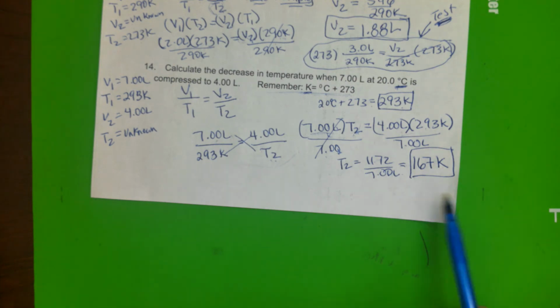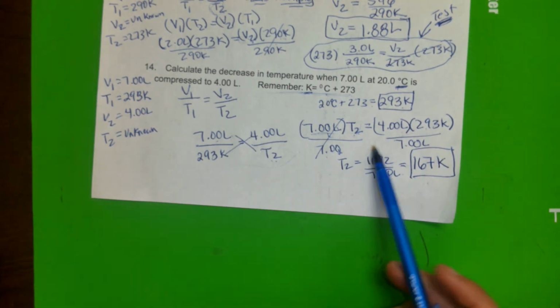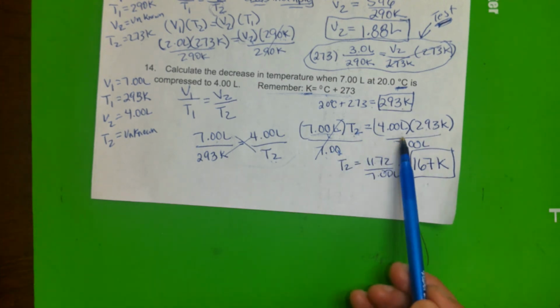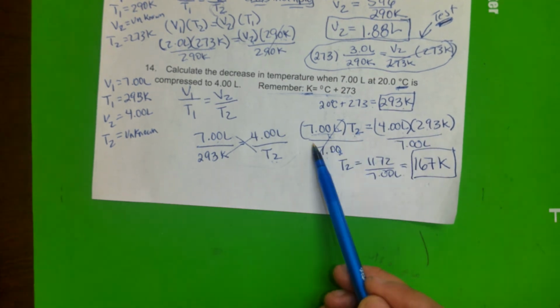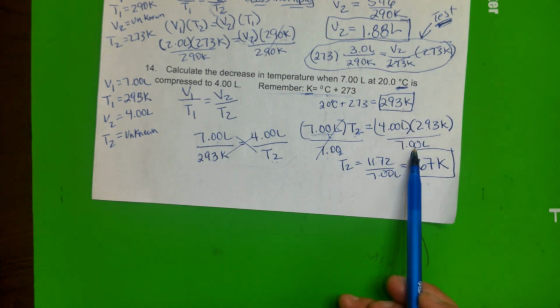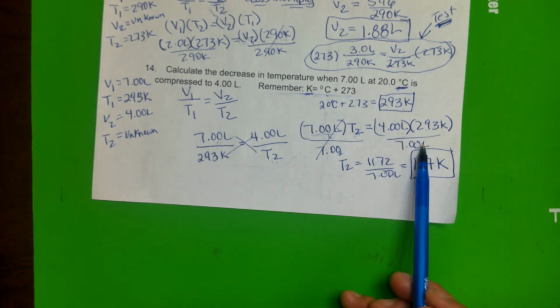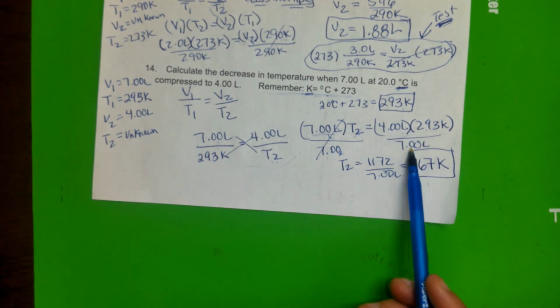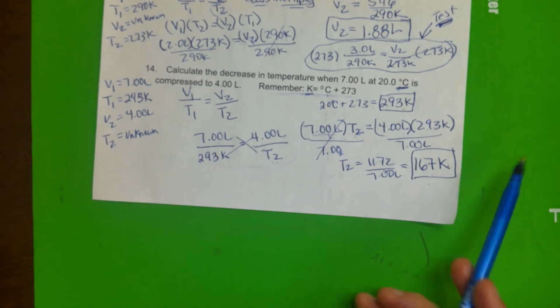Again, you would have a different number, but that's how you do it. Just cross multiply. I think it's a lot easier since you're so used to just dividing it by itself and then doing the same thing to the other side. Once you multiply these two and divide by that, that should give you the answer.